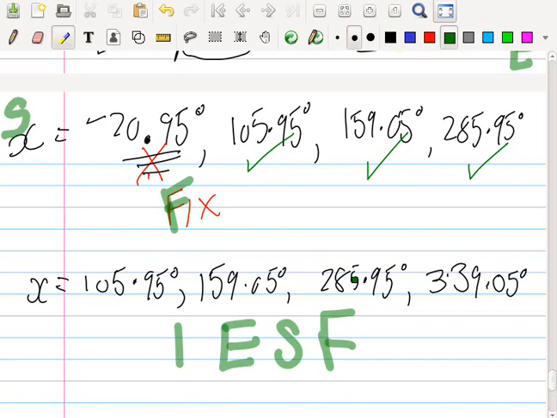Because, listen, the order is important. If you don't do it in this order, you will get the wrong answer. So the order in which you solve this is extremely important. You must first get the inverse step. Then you must make the extra angles. Then you must simplify, and then you must fix the angles. If you did something like inverse, simplify, fix, and then make the extra angles at the end, that would be wrong.